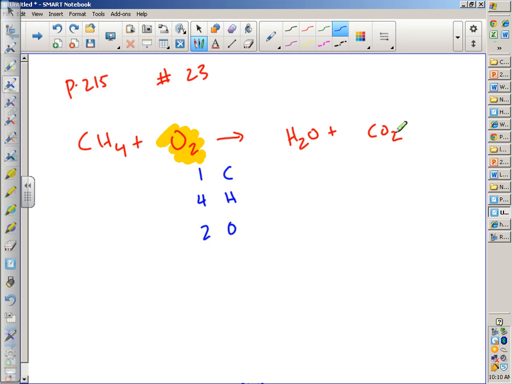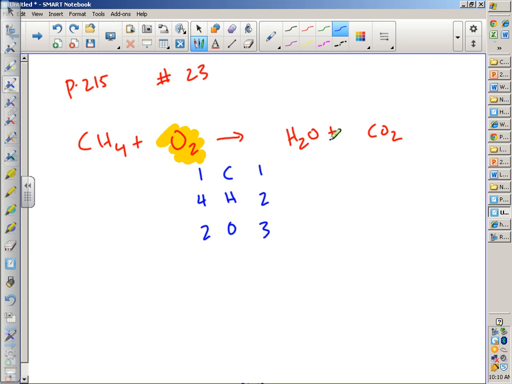When we count up the products, we see 1 carbon and 2 hydrogens, but we have to account for all of the atoms of a type on the whole side. Oxygen shows up in this product, but it also shows up in this product. So the total amount of oxygen on this side is what? 3. You've got 1 in the water, and 2 in the carbon dioxide.